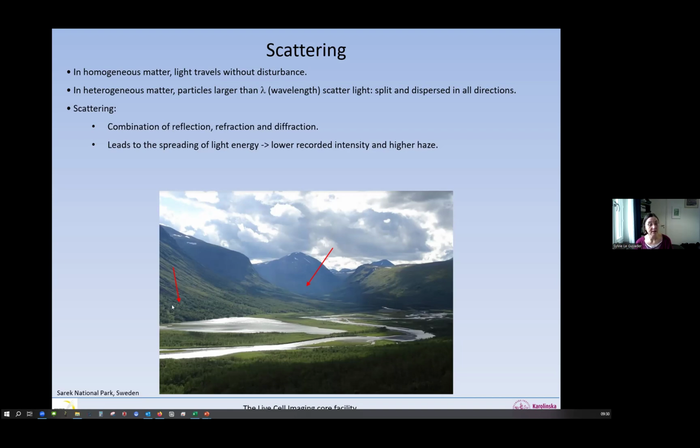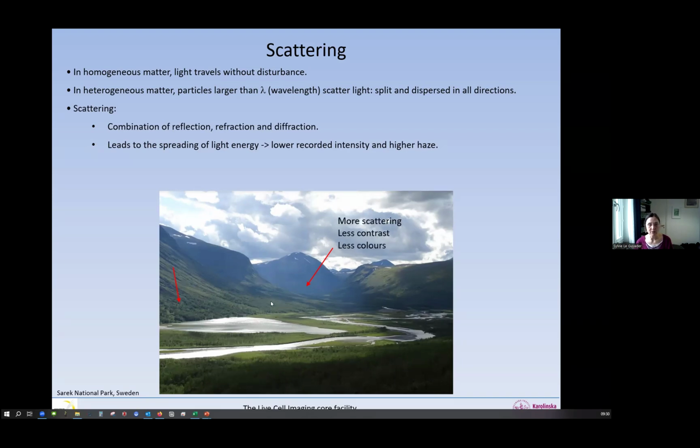Because you have more particles, more droplets of water and everything, light is scattered and we cannot see any details, and we have a lot less color, a lot less contrast in this area, and we do not see the shrubs that we see here very well.